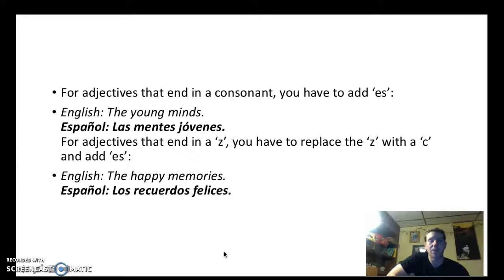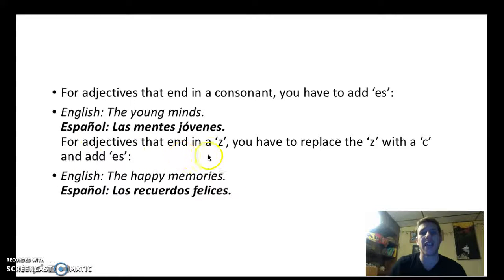Okay, now for adjectives that end in a consonant, you have to add ES. Okay, so for example, in English, the young minds. In Español, we have las mentes jóvenes. Okay, now the original adjective is joven, but we have to add an ES because that is a consonant to match the plurality. Mentes jóvenes. Now here's a little irregular adjective.